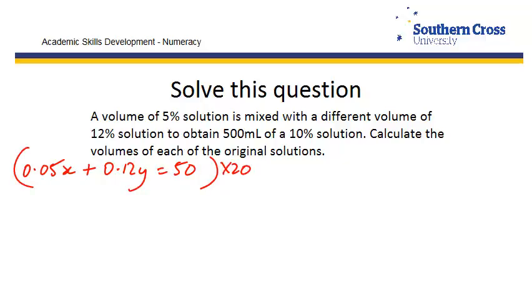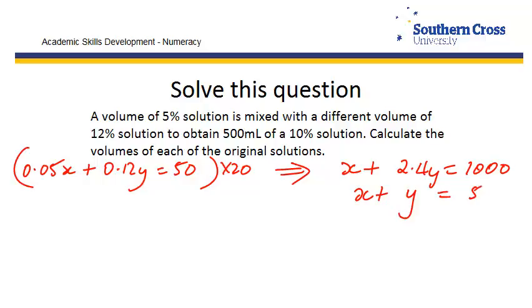The reason is because 20 times 0.05 will give me 1, in other words, 1x, which is the same as the other equation. So that will give me x plus 2.4y is equal to 1000, 20 times 50. And we know that the other equation is x plus y equals 500.